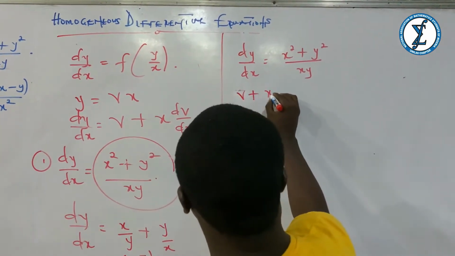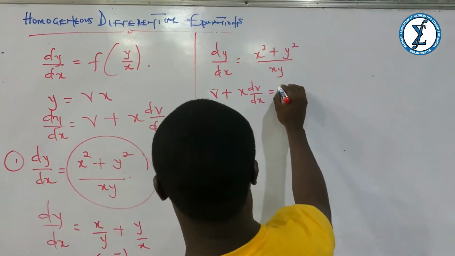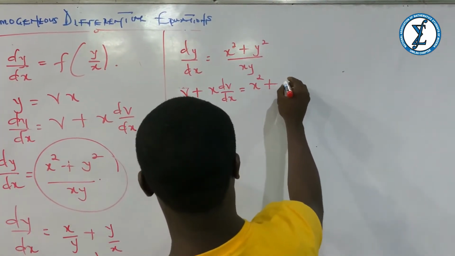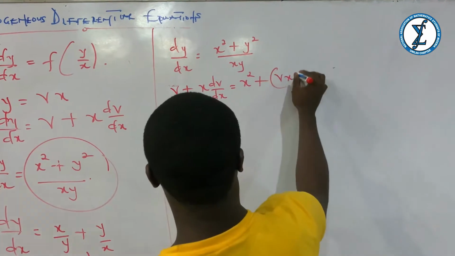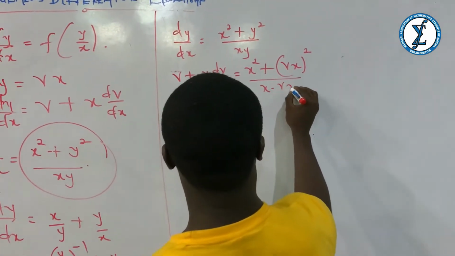So v plus x dv/dx equal to (x squared plus (vx) raised to power 2) over x times vx.